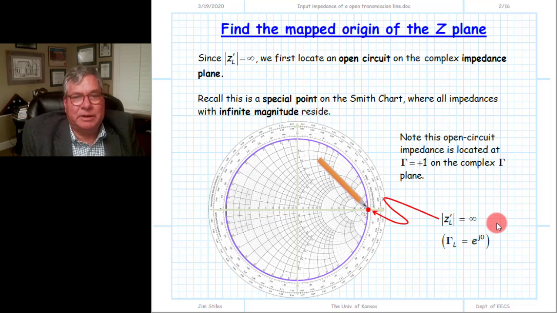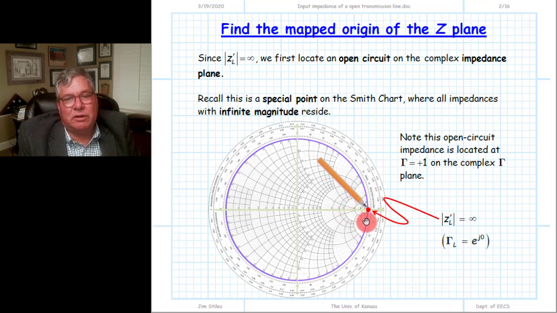In this case, the load impedance has a magnitude which is infinite, and there are an infinite number of impedances of this value. Fortunately, they all map to the same point on the complex gamma plane, that of the open circuit, and it is, of course, one of the most fundamental, or perhaps the most fundamental point on the Smith chart on the complex gamma plane, the location of an open circuit.